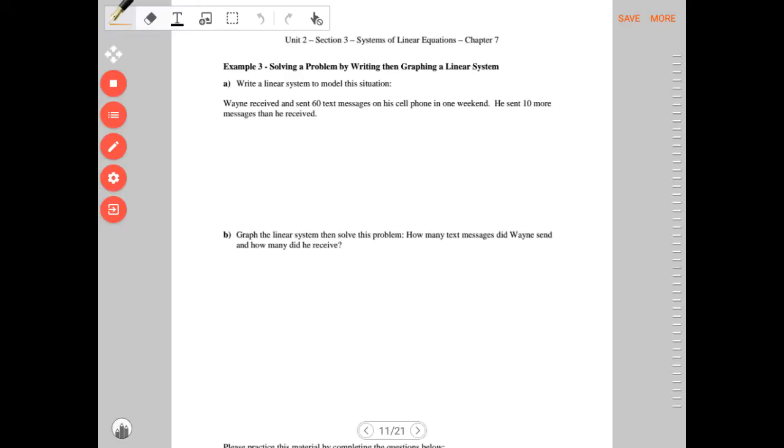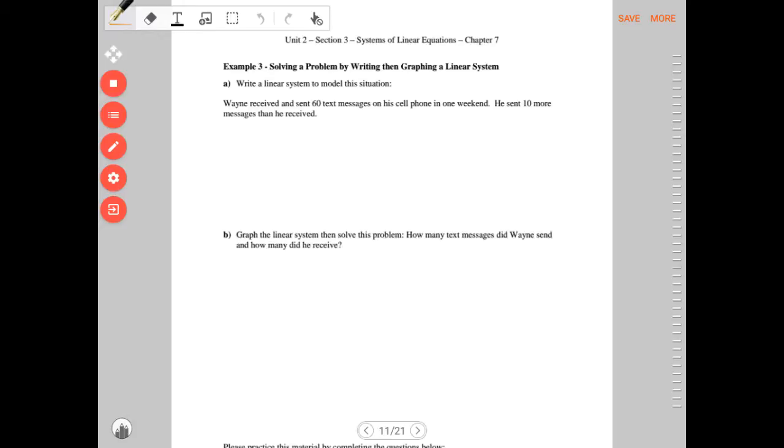Example 3. Solving a problem by writing and then graphing a linear system. Wayne received and sent 60 text messages on his cell phone in one weekend. He sent 10 more messages than he received. So this is one of those table ones.